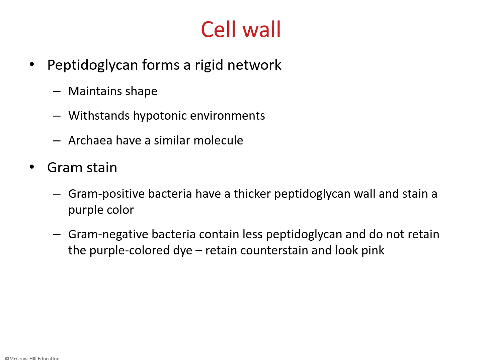And when you look at archaea, they have a similar molecule, which we talked about in the last lecture, called pseudomurein, which is very similar to peptidoglycan. So based on the cell wall structure, we can actually divide bacteria into two categories: gram-positive and gram-negative.